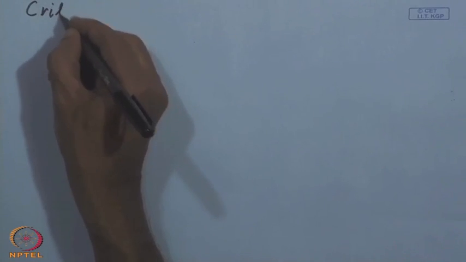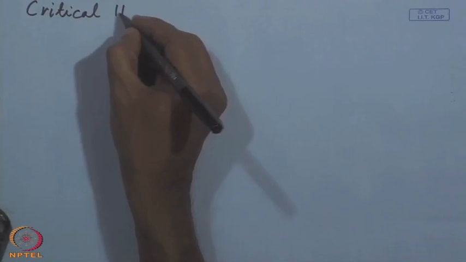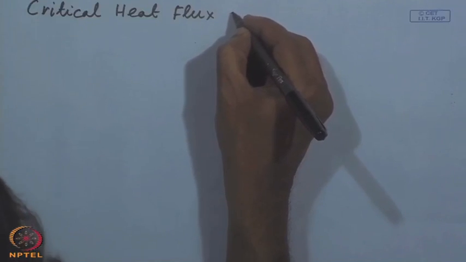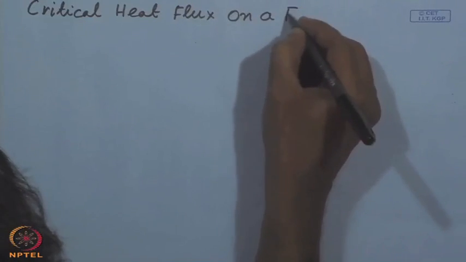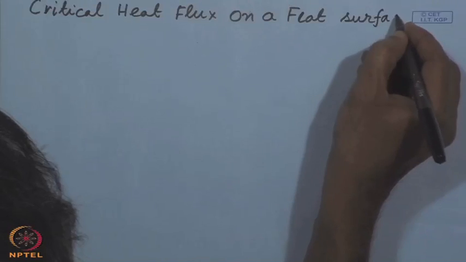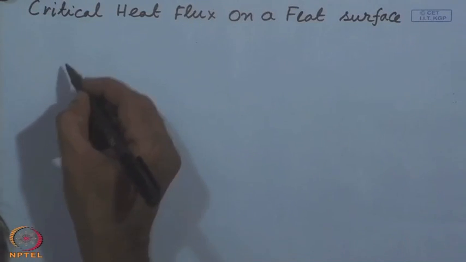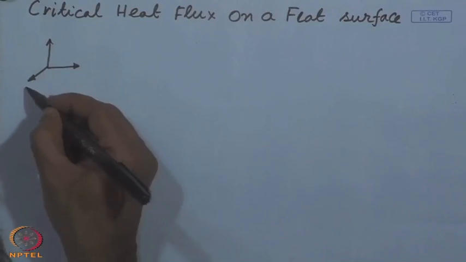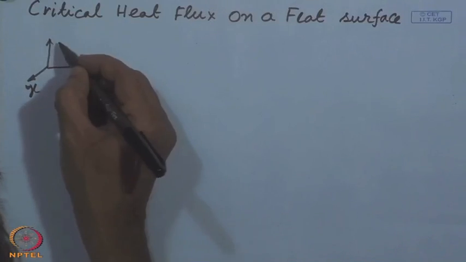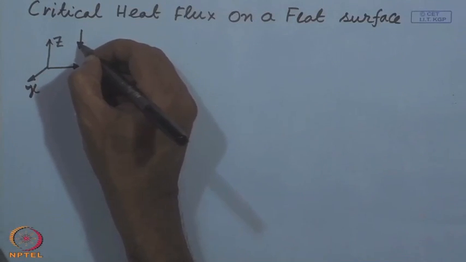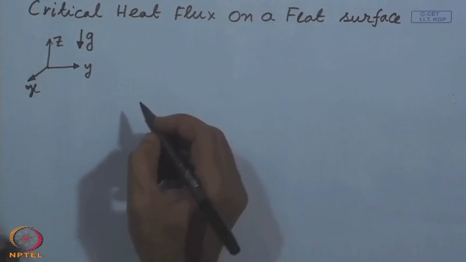Now, critical heat flux on a flat surface, we assume that there is a Cartesian coordinate system x, y, z, where the Earth's gravitational field g acts in the opposite direction of z.